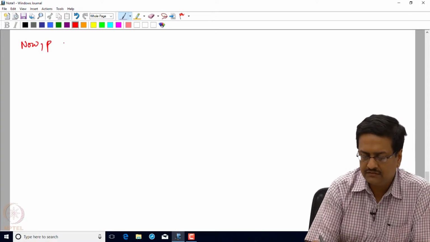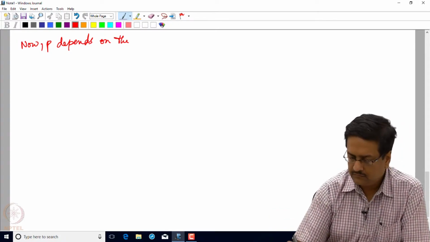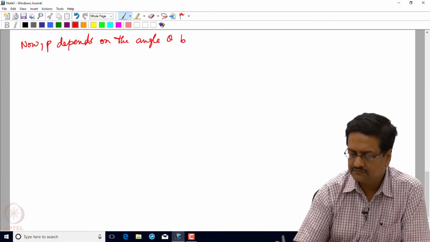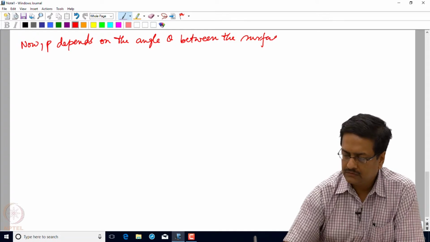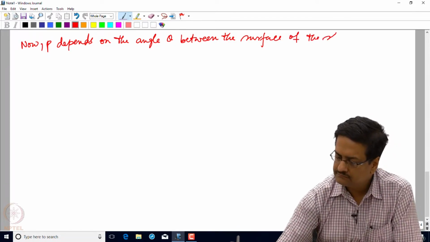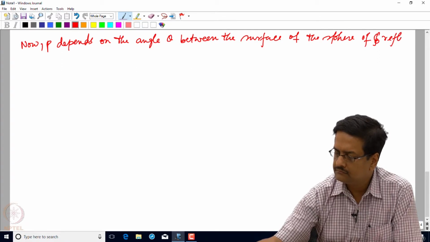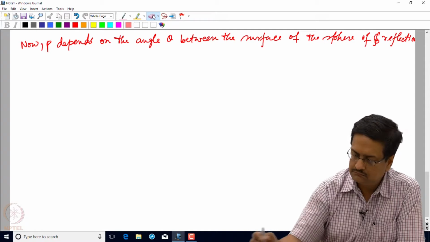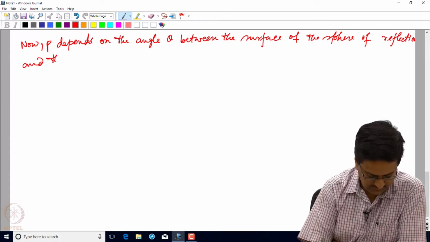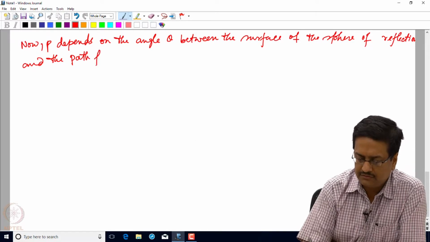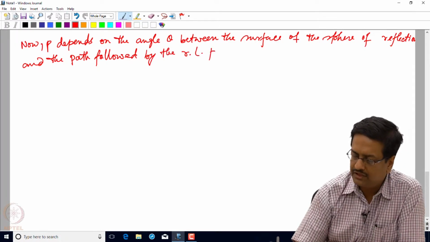Now this p depends on the angle theta between the surface of the sphere of reflection and the path followed by the reciprocal lattice point.